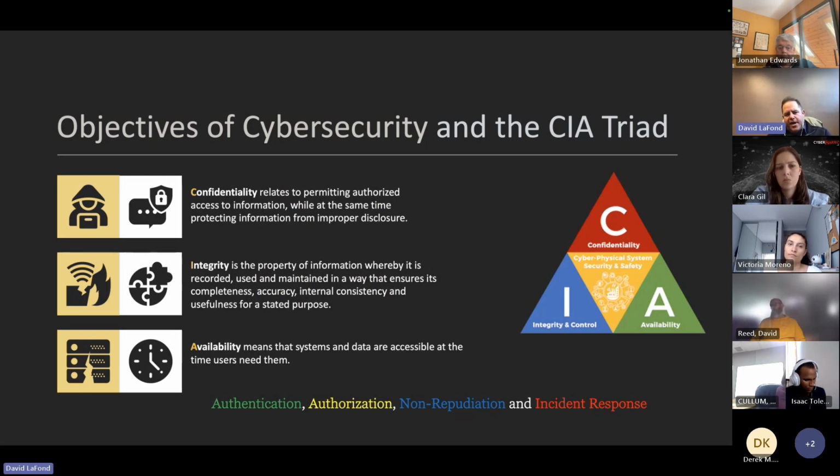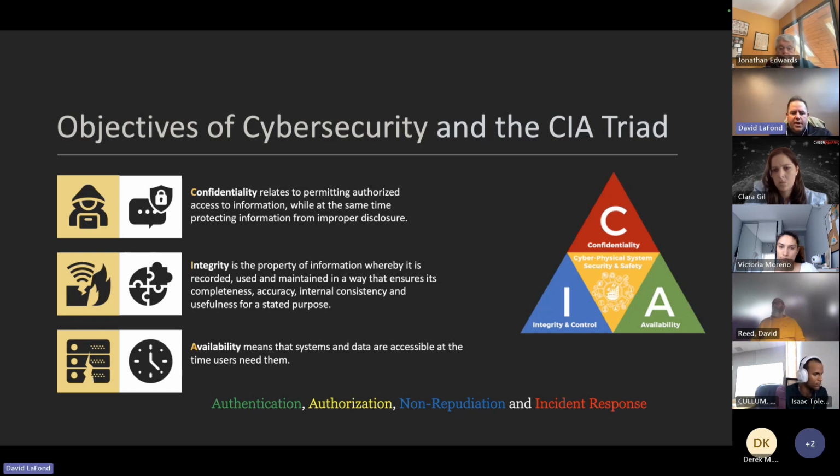Well, we talked about confidentiality, integrity, and availability before, but the objective is really to ensure a high level of confidentiality, a high level of integrity, and a high level of availability. Where one of these components of this triad is affected, we have reduced cybersecurity.